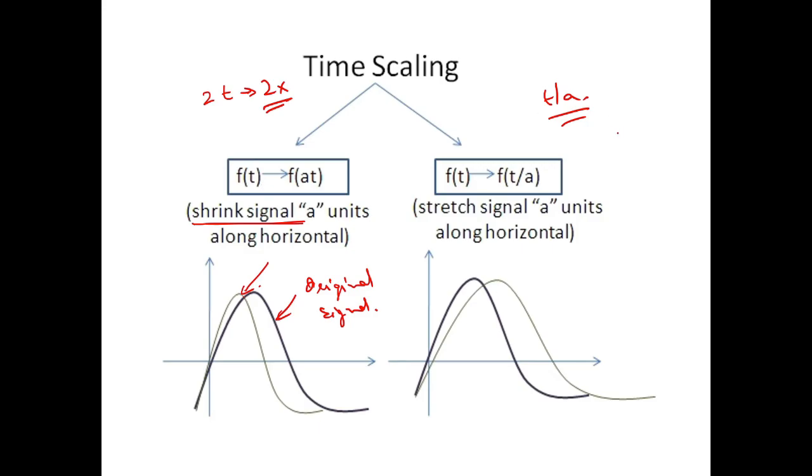So t by 2, it is nothing but 0.5x. Now when you do that same 2 hour movie, you will be able to see it in a 4 hour time span. Again, if you see over here, it is called the stretching of the signal.